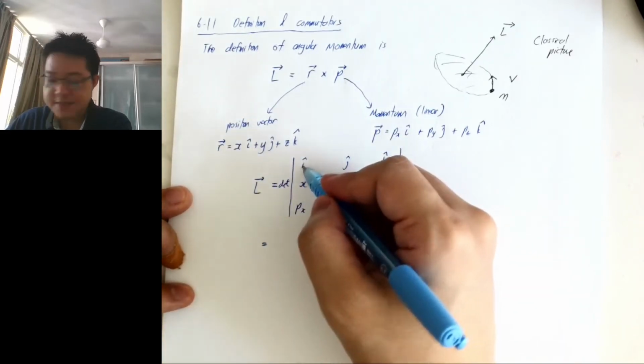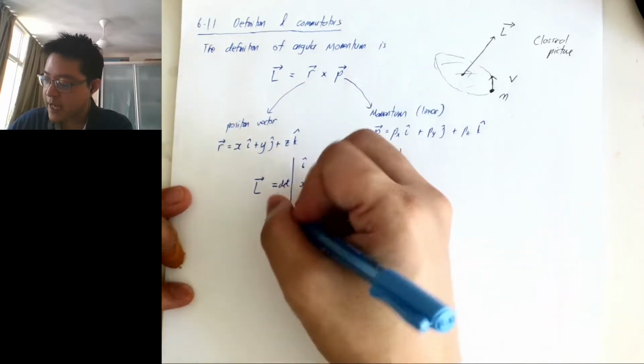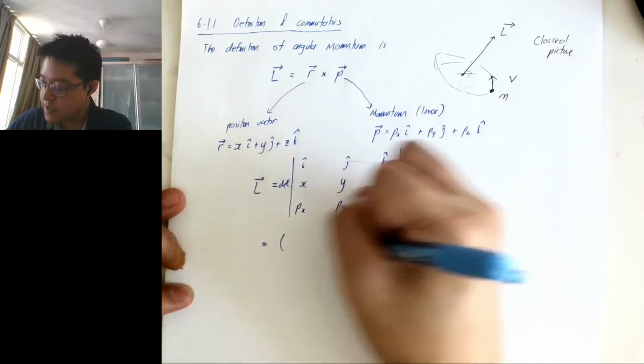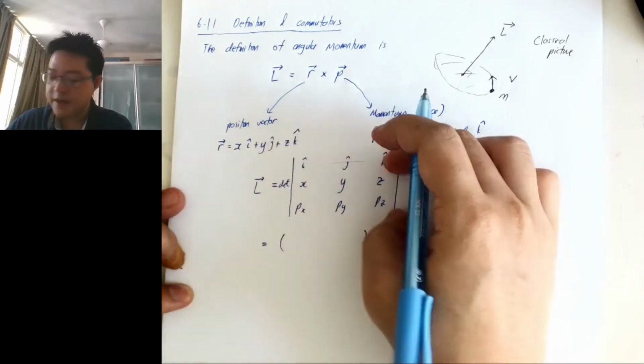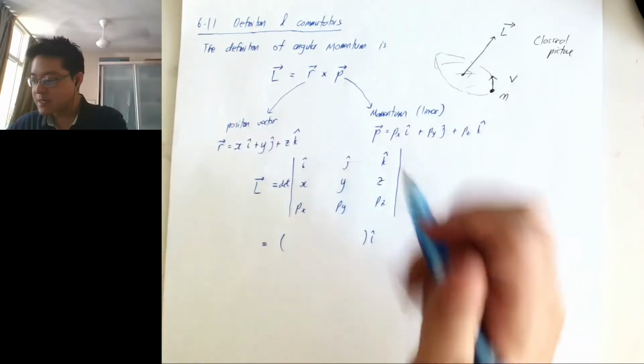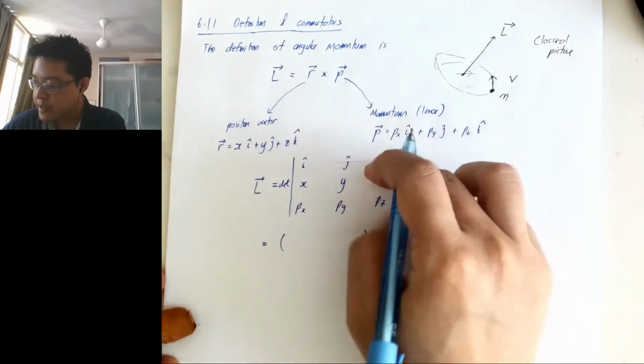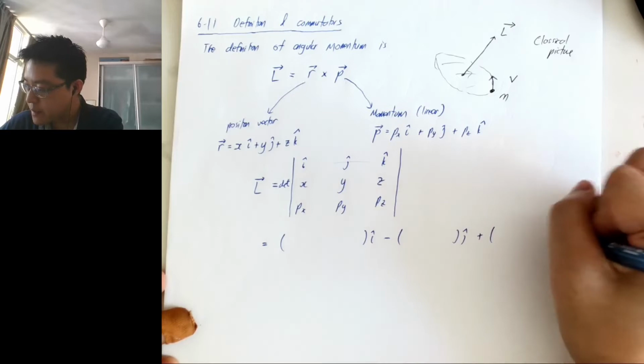Firstly, we take the first entry at the top here. We follow one column, so we got the i over here. So there's something times i, and then we find the determinant of the minor. And then we use the alternating sign, plus, minus, plus. So the second term is minus the bracket j, and the final term is plus the bracket k.